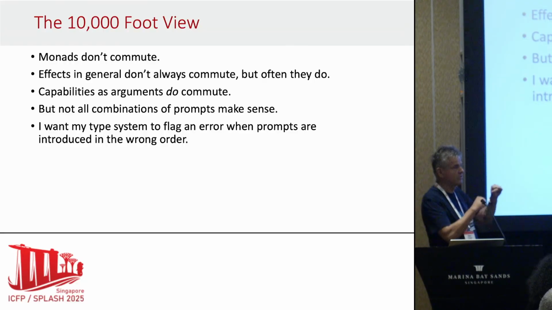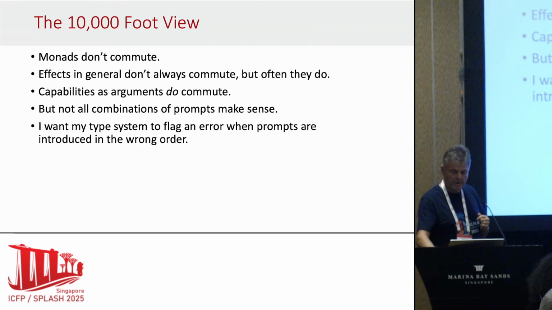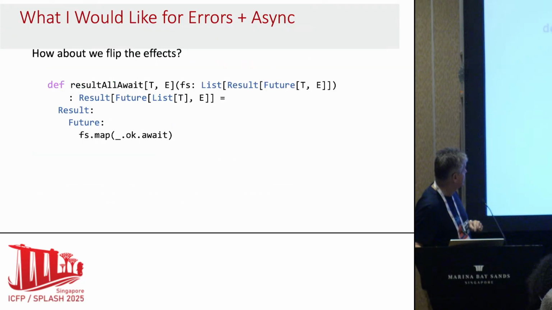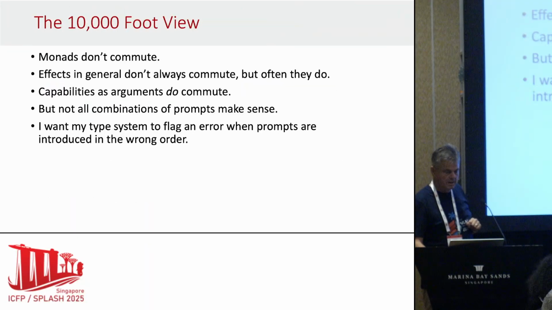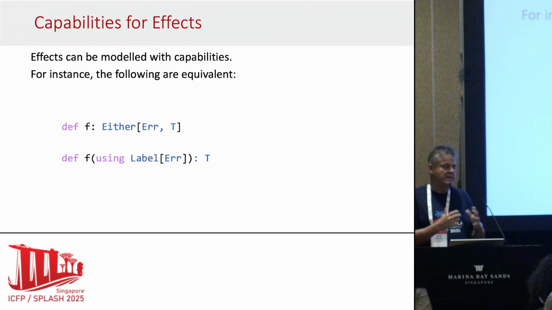Capabilities as arguments to functions do commute, so that's always fine, but not all combinations of prompts make sense. So this combination made sense, and this combination didn't. So we want the type system to flag an error when the prompts are introduced in the wrong order. Okay, and we use the capabilities for that.